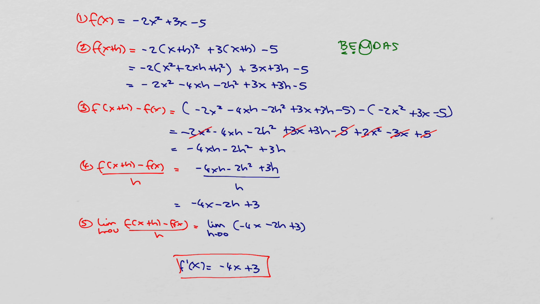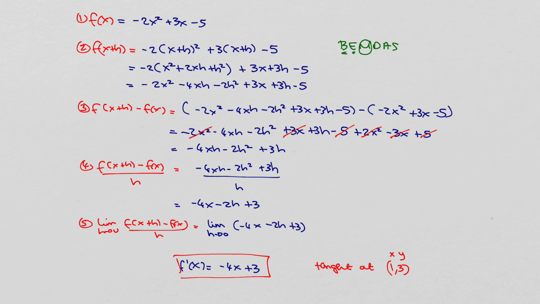So let's say we want to find the equation of the tangent to minus 2x squared plus 3x minus 5, and we want to find the tangent at the point 1, 3, then that would mean that x is 1 and y is 3. So we would say, therefore, the slope is equal to f dash x, in other words, m, when x is 1.